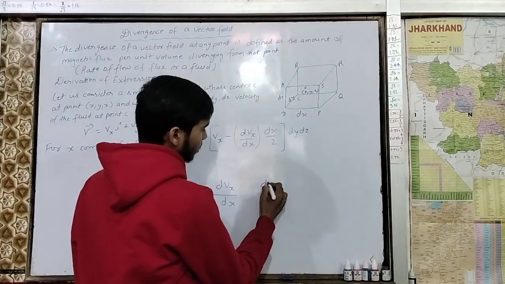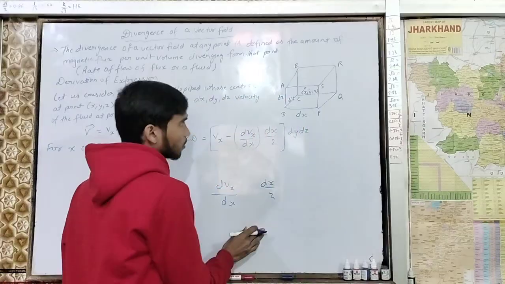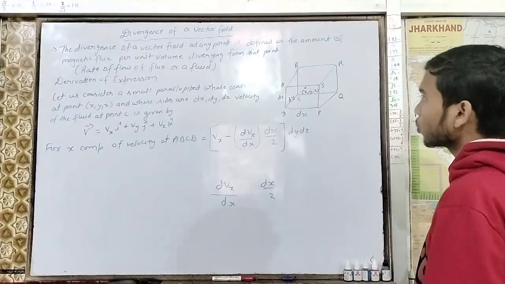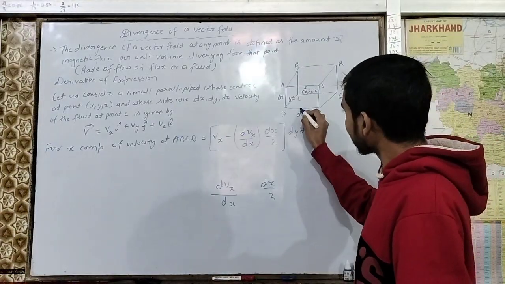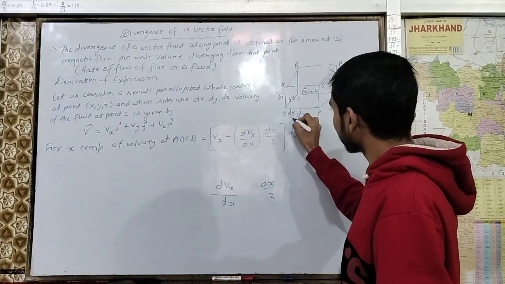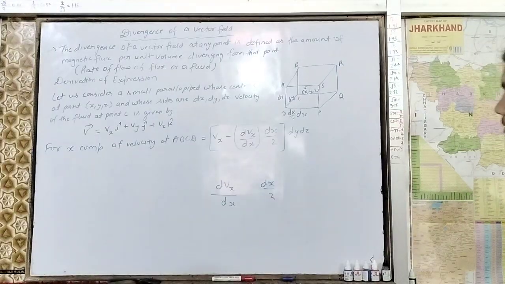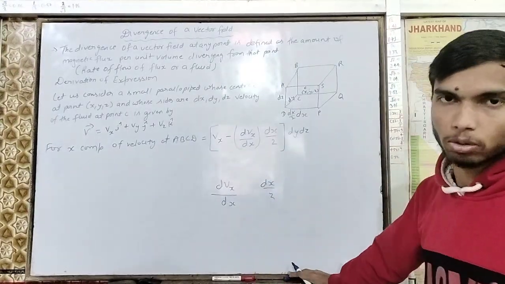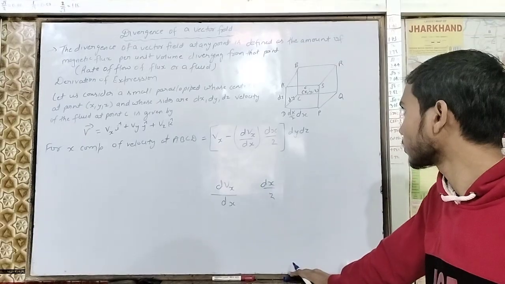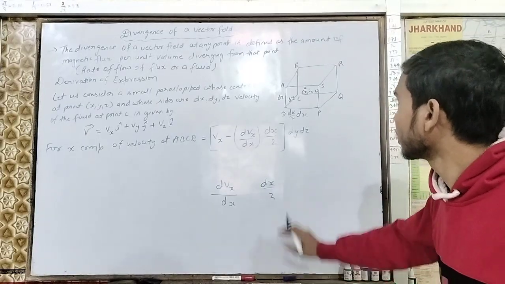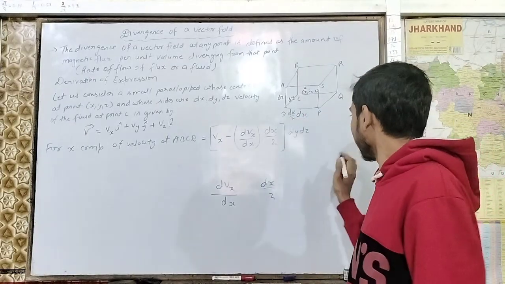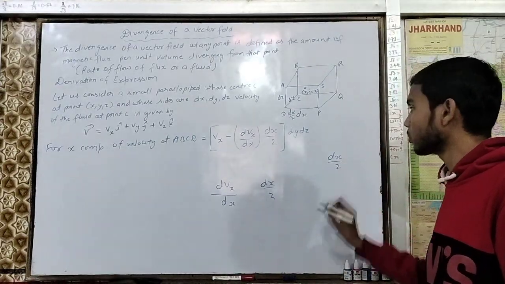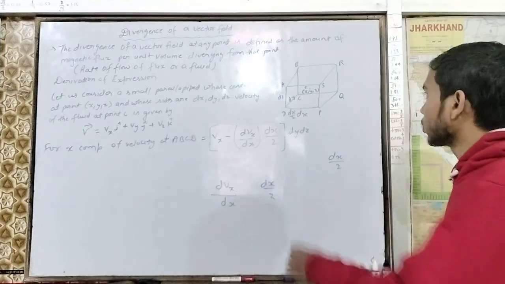What about dx upon 2? Dx upon 2 means we are taking this half. Dx by 2 plus dx by 2 will be the complete dx. So just half of this dx is dx upon 2.